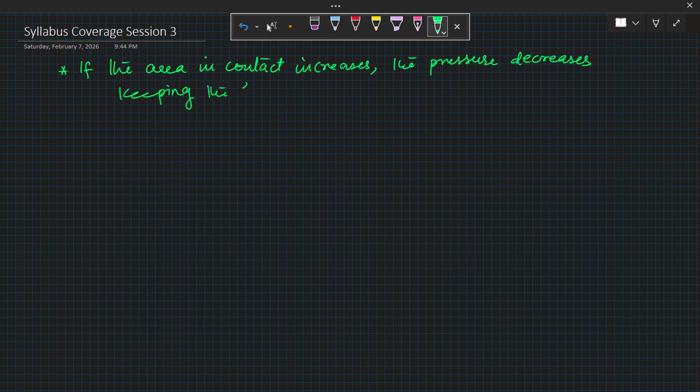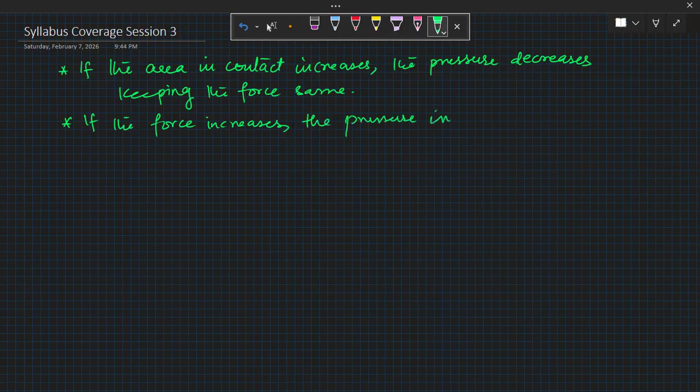Keeping the force same. I hope that this point is clear. Or if we say that if the force increases, the pressure increases, keeping what same? Keeping the area in contact same. So I hope that these points are clear to you, right?